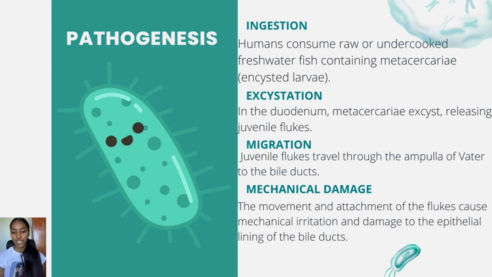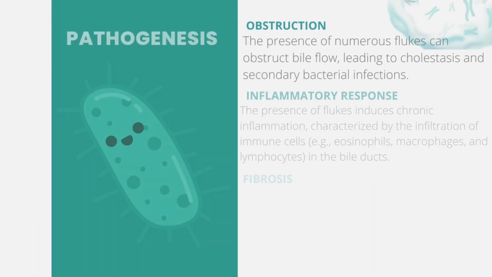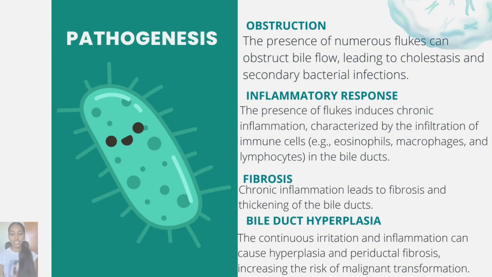So the 5th step, which includes obstruction, the presence of numerous flukes can lead to obstruct bile flow, which leads to cholestasis. This cholestasis induces a chronic inflammation where eosinophils, macrophages and lymphocytes are released. This chronic inflammation leads to fibrosis and the thickening of the bile ducts.